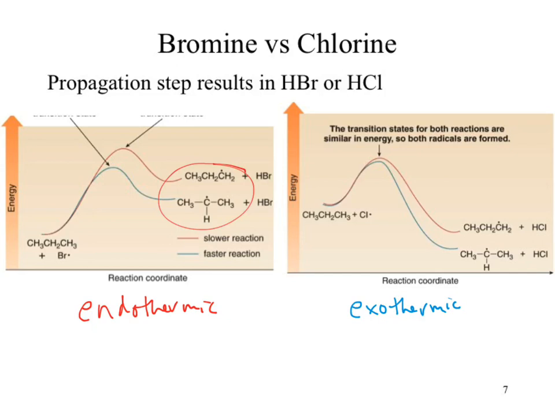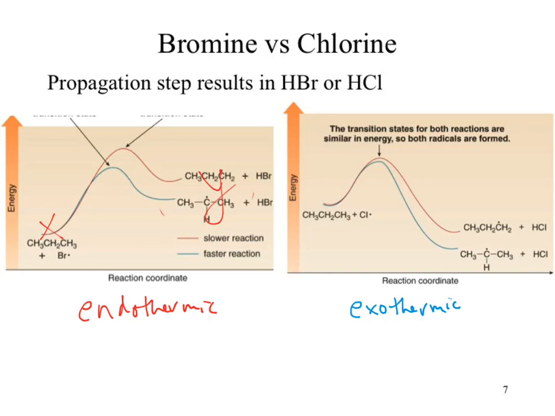Take a look at our reactant for the bromination reaction. There's our big X. Take a look at our product for the bromination reaction. Call that Y. The transition state has to be somewhere in between. Where should that transition state be closer to? The reactant or the product? The product.